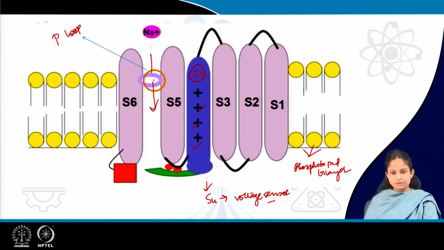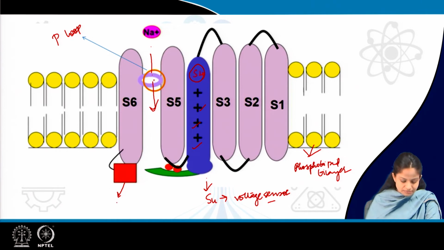Now, here we have a few things. These are the hydrophobic amino acids, usually termed the IFMT moiety, present in S6.